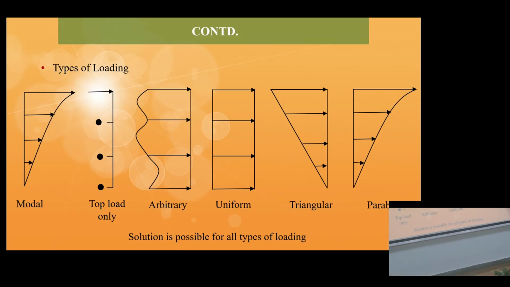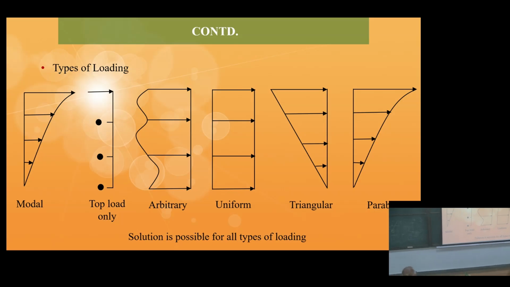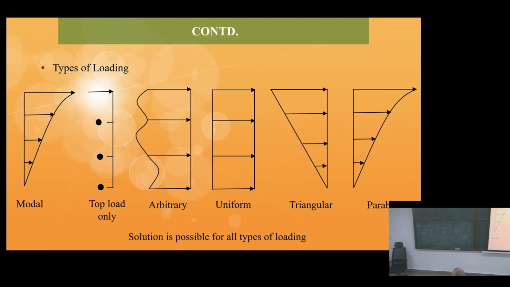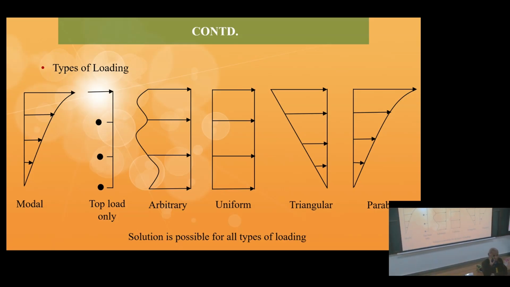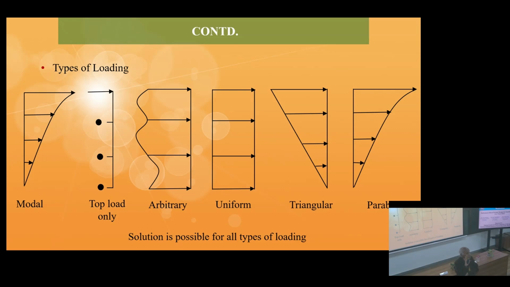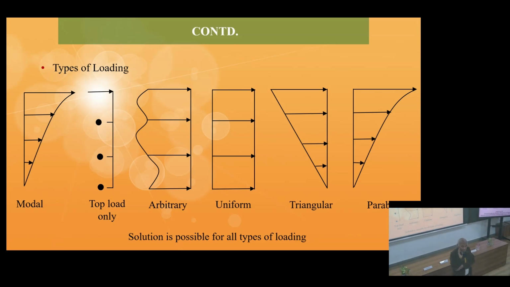Now we are coming to a different terminology called modal displacement. Now, modal displacement means, and modal force distribution means, that this particular building frame is allowed to vibrate freely. If it is allowed to vibrate freely, there will be a natural frequency.